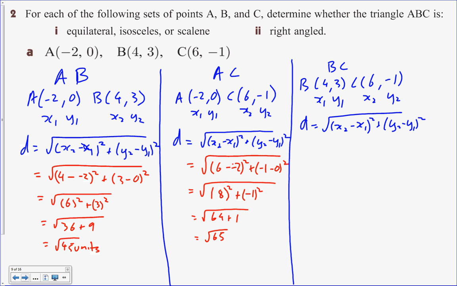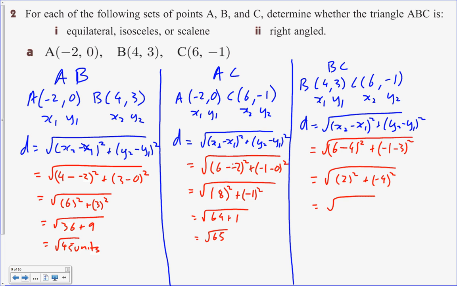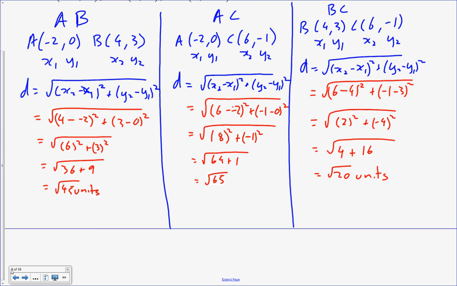Substitute in our values with square root 6 take 4 squared plus negative 1 take 3 squared. So it's going to be square root 6 take 4 is 2 squared plus negative 1 take 3 is negative 4 all squared. So square root of 4 plus 16 equals square root 20 units.